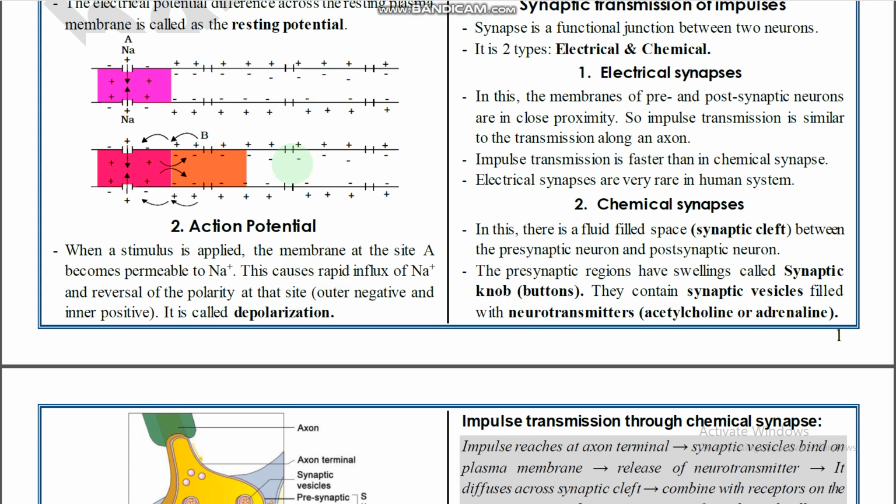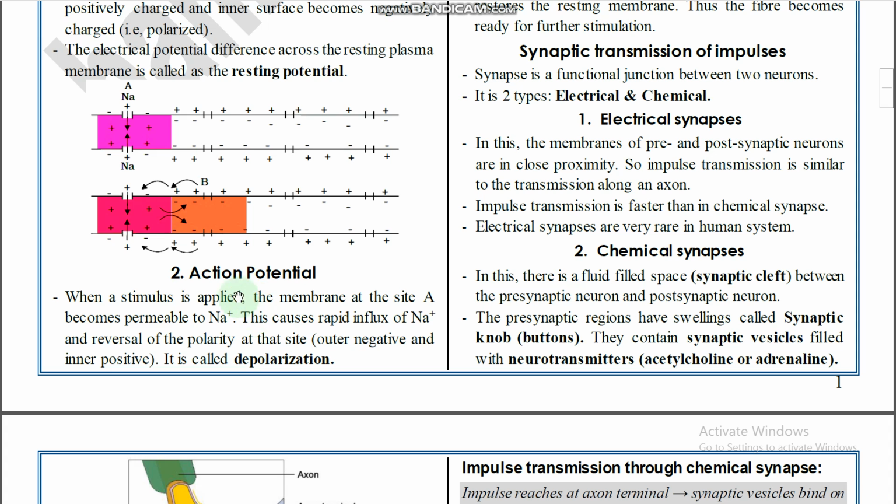In polarization, inside is negative and outside is positive, but because of the influx of sodium in an action potential, the reversal of polarity takes place, meaning outer negative and inner positive. That is called depolarization. You should remember, polarization means inner negative, outer positive, so depolarization means inner positive and outer negative.